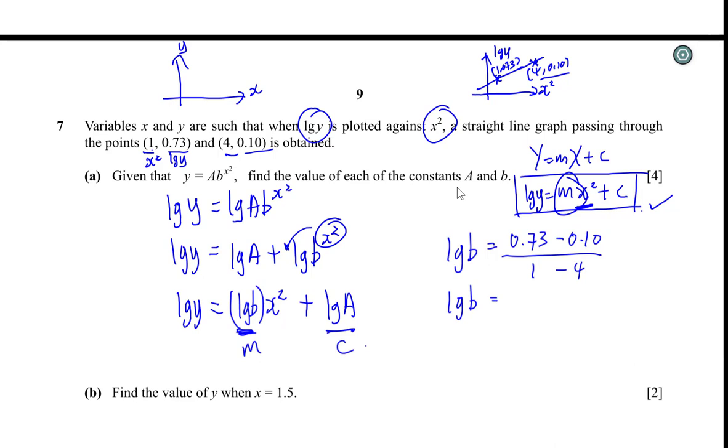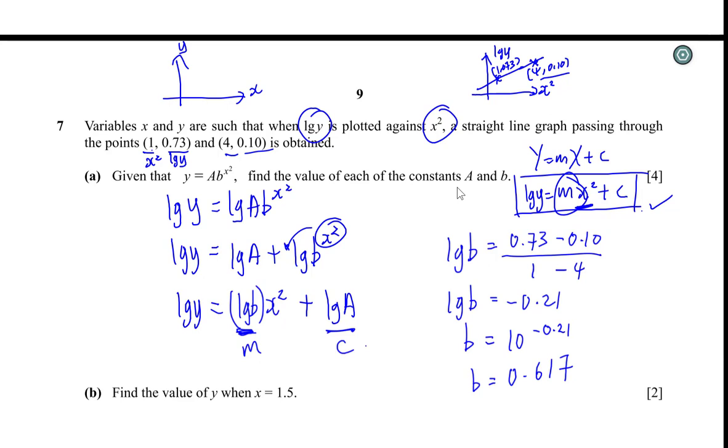So it's about 0.21, negative. Then b equals 10 power of negative 0.21. So you will get b equals to 0.617.